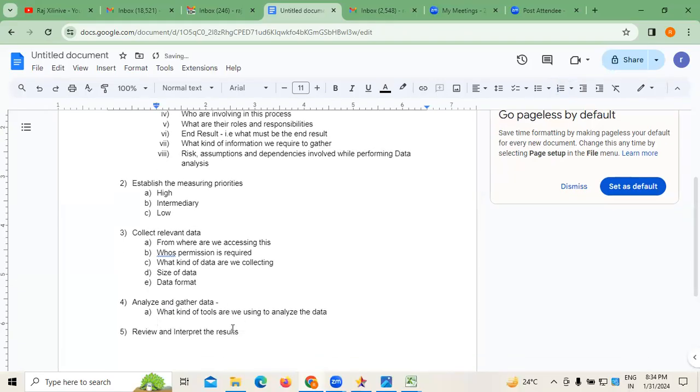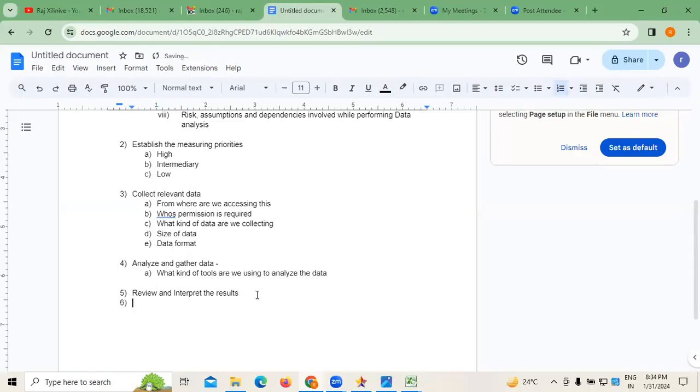Next, review and interpret the results. How and in what way are we reviewing the information? What is the process to review the results?